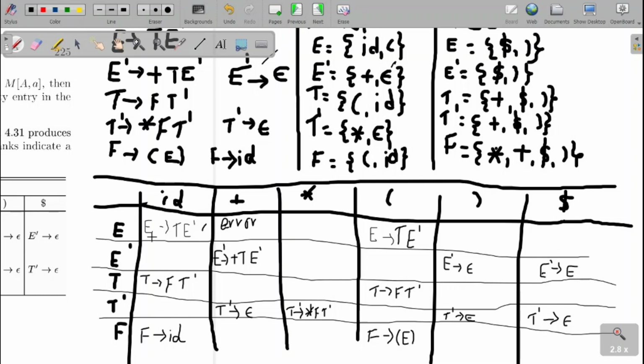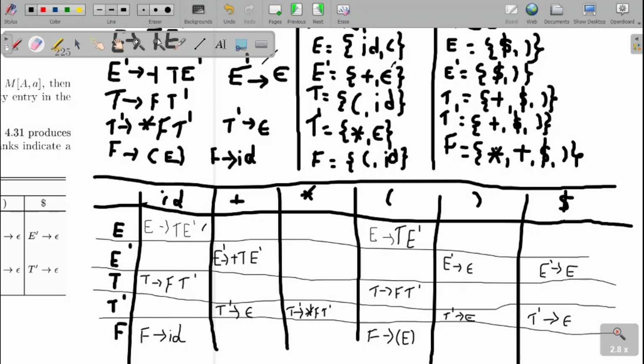If I get two entries over here, then the grammar is not in LL(1). In exams, they will ask whether the grammar is in LL(1) or not. To check that, first we need to construct the table. If the table has multiple entries, the grammar is not in LL(1). If it has a single entry, then the grammar is in LL(1).